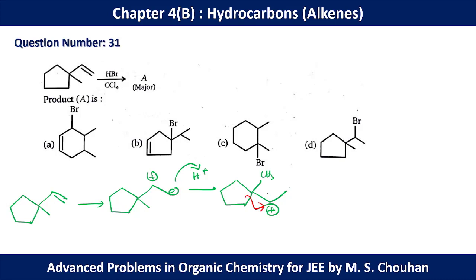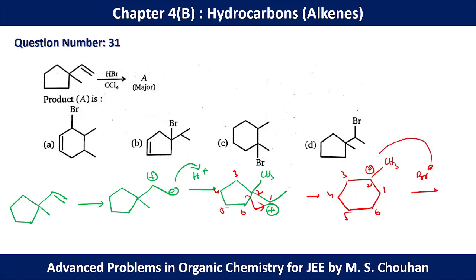For the ring expansion, 1, 2, 3, 4, 5, 6, we are expecting a 6-member ring where a 1,6 bond is formed, 2, 3, 4, 5, and finally Br minus is added in this position. Okay, and initially we have one methyl group added in this position, 2 position.